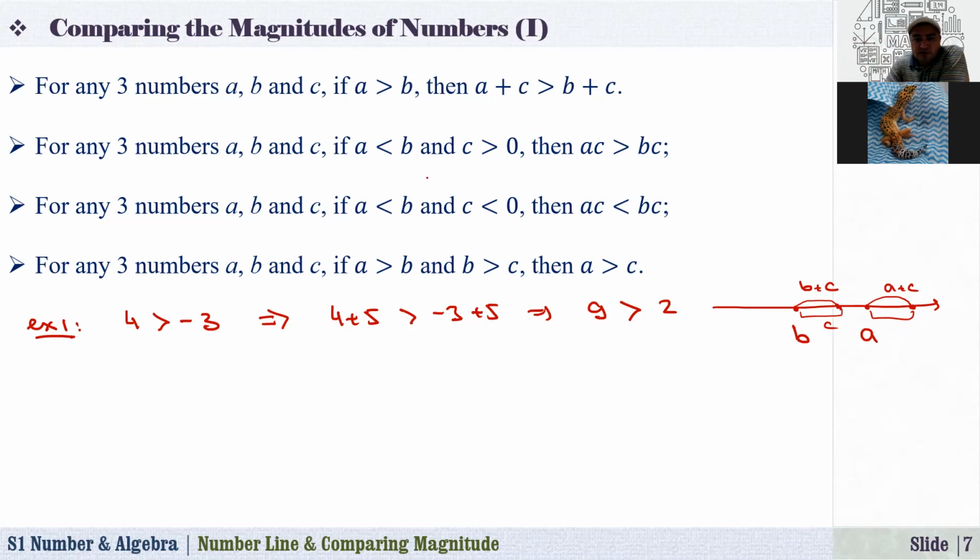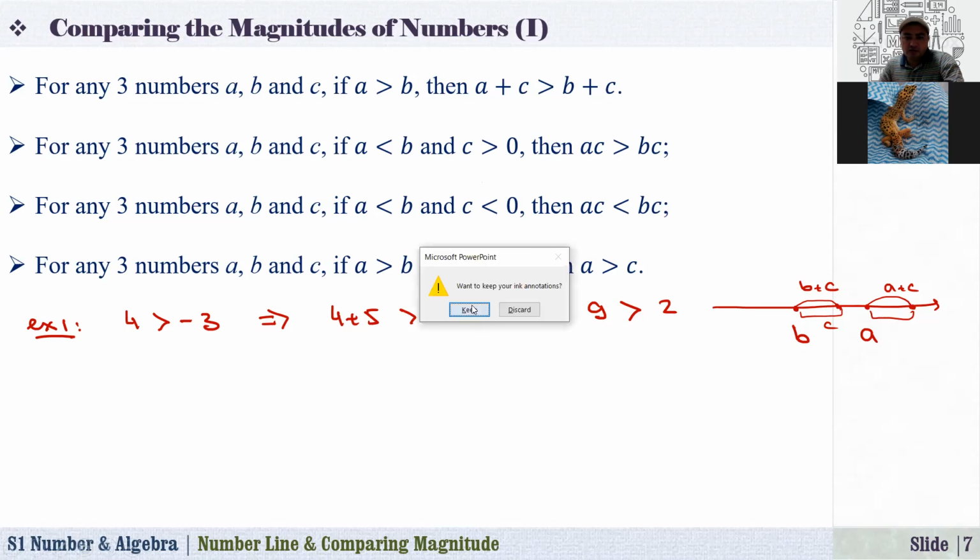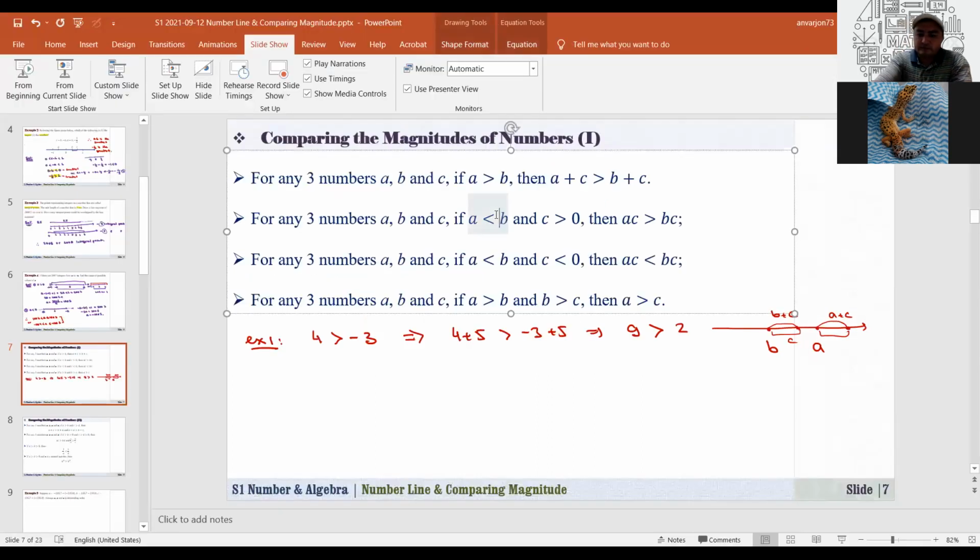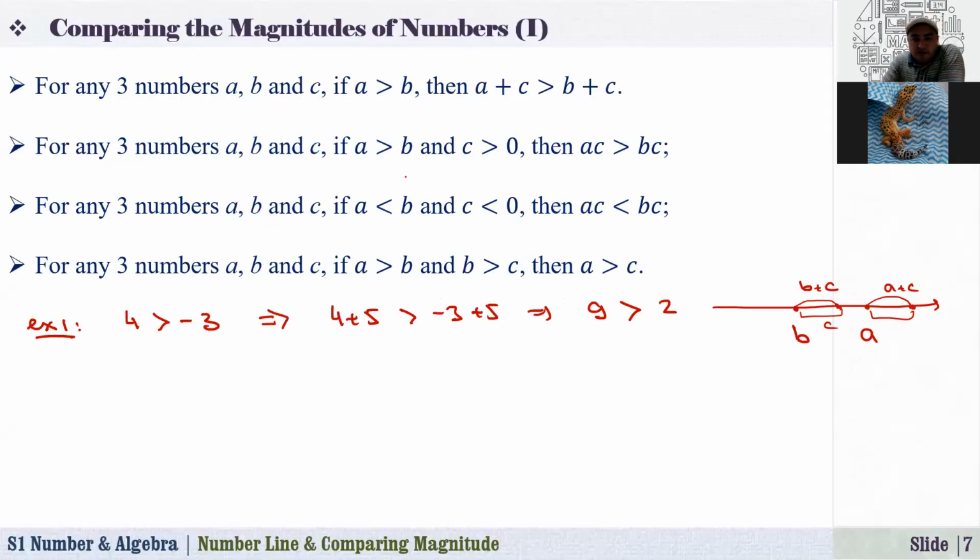The second one is, if A is less than B and C is greater than 0, it should be greater here. If A is greater than B and C is positive, if you multiply both sides by positive numbers, this inequality does not change.